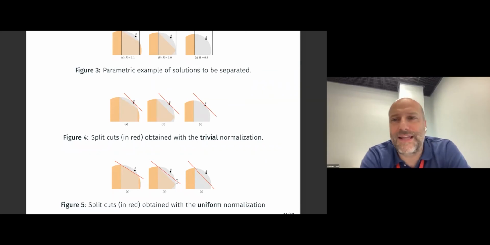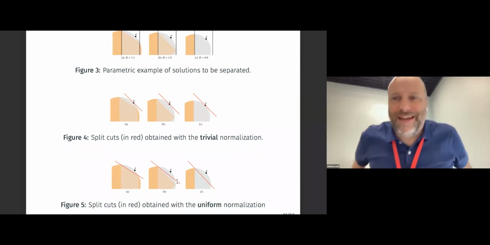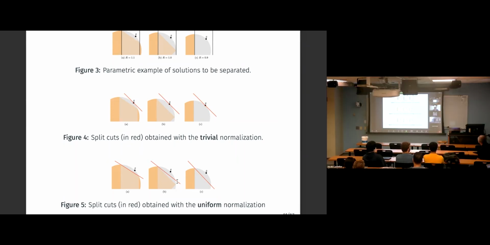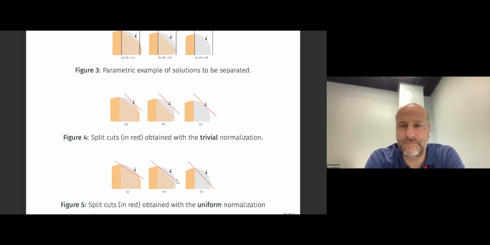Well, essentially, it becomes a numerical issue. It claims to have found a cut, but essentially the cut is not really effective. So the violation is probably very, very small, but essentially it doesn't really move. Okay, it's a numerical issue. Yeah, it's a numerical issue mostly, yes.